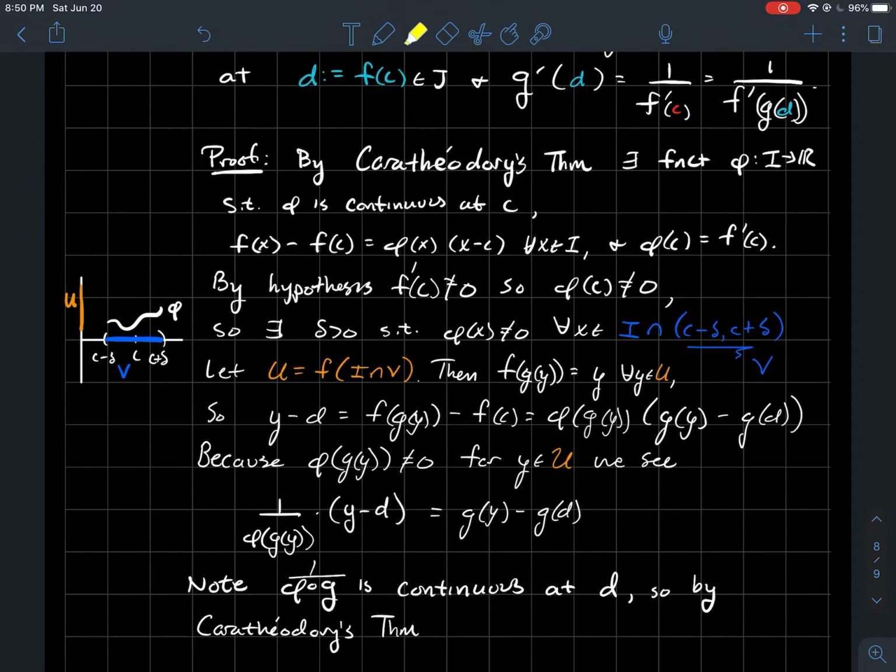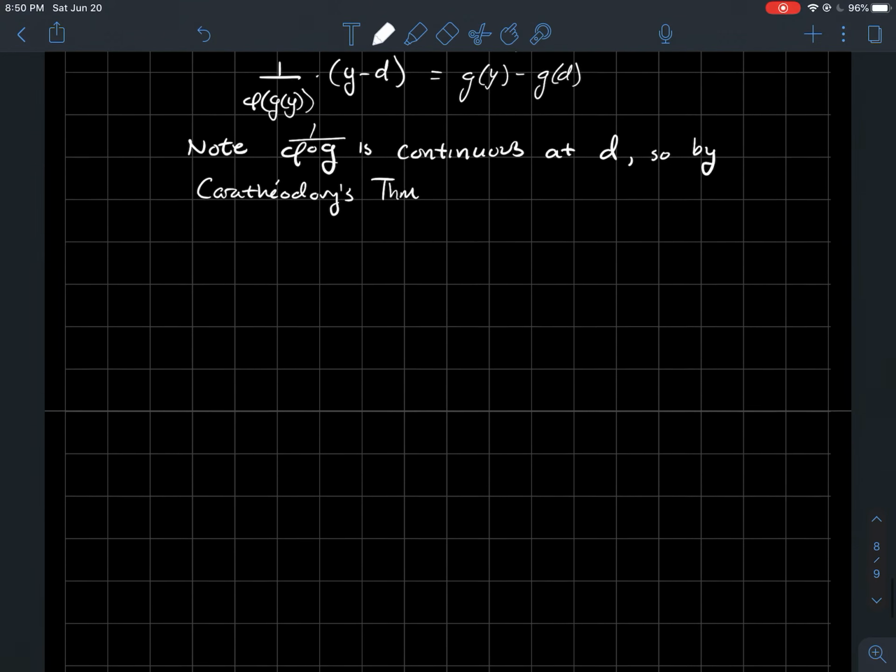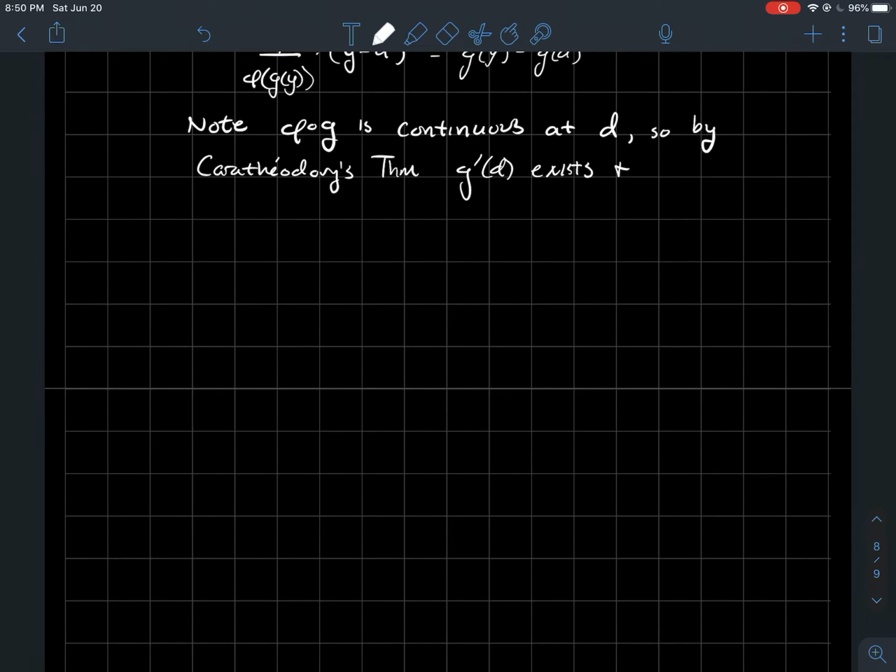And it looks like it satisfies a similar functional equation where it's trying to serve as the slope of the line that connects the points on the graph of g, y comma g of y, d comma g of d. And so I can apply Caratheodory's theorem to this in order to conclude that g prime of d exists.